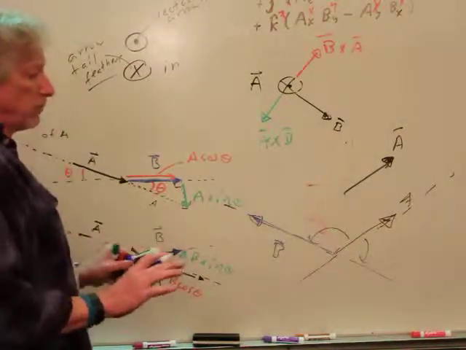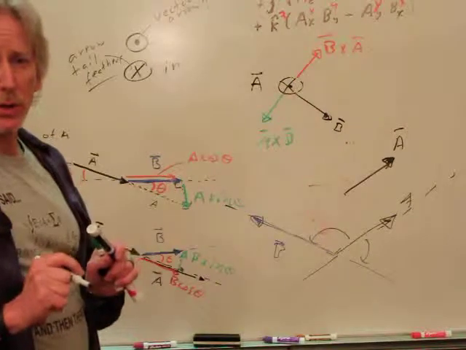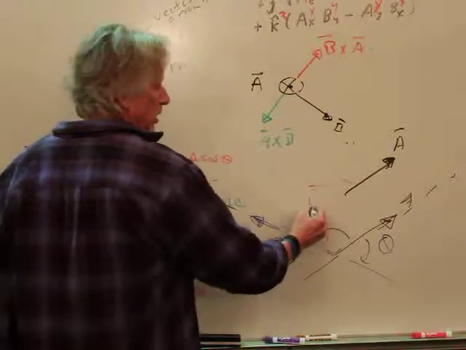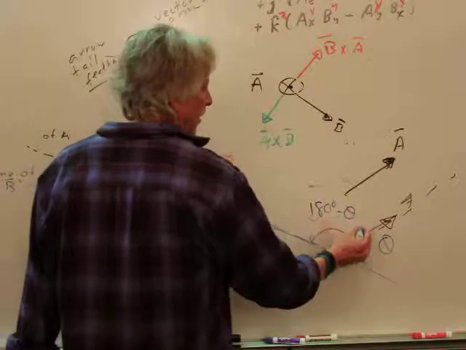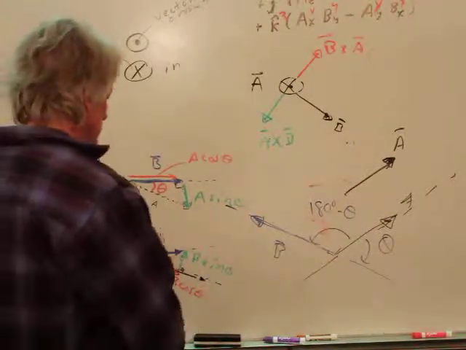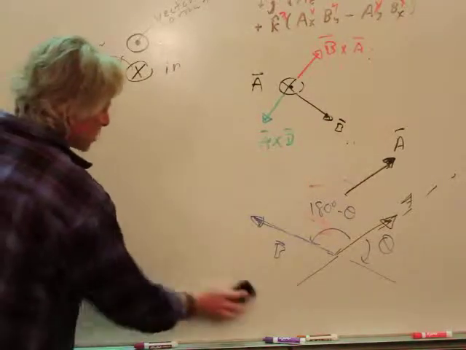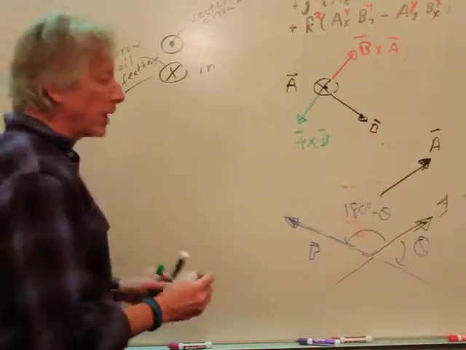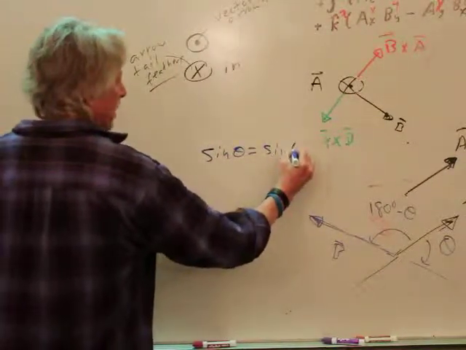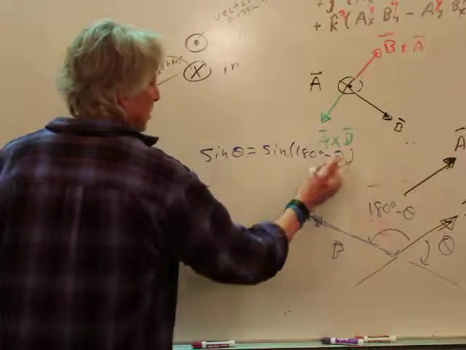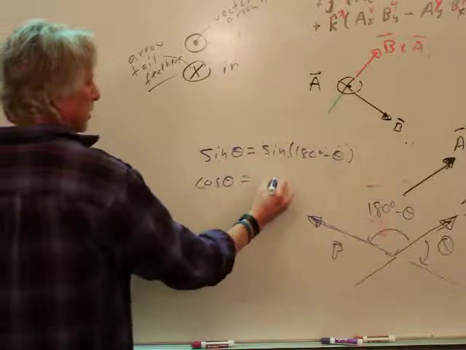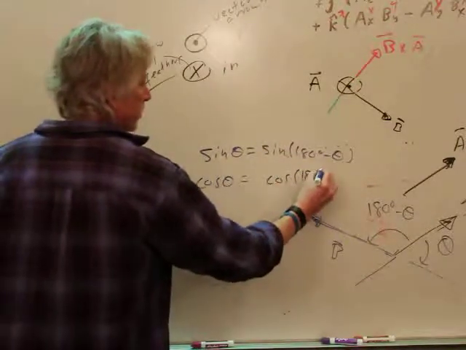For the case of the vector cross product, why? Because the sine of theta is equal to the sine of 180 minus theta. So that's fine with the vector product. I'll just write that over here. But is that true for the scalar dot product? Well, let's see. The sine of theta is the same as the complementary angle. But the cosine of theta, what about the complementary angle there?